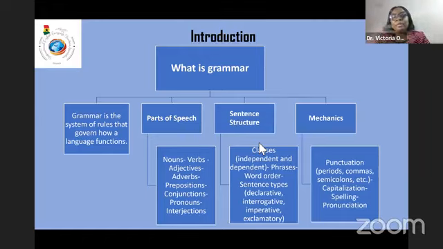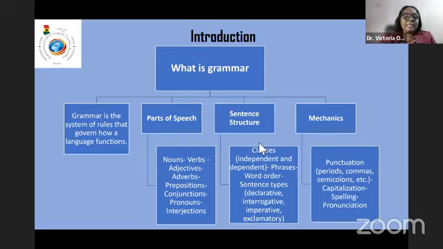So it talks about the noun, adjective, adverbs, pronoun, etc. Then there are sentences, which would focus on how the words are arranged or put together into a meaningful context. So we look at clauses, independent, dependent, and we look at sentence types. Then the mechanics would concentrate on the usage. So the punctuation, the commas, capitalization, spelling, pronunciation, etc.